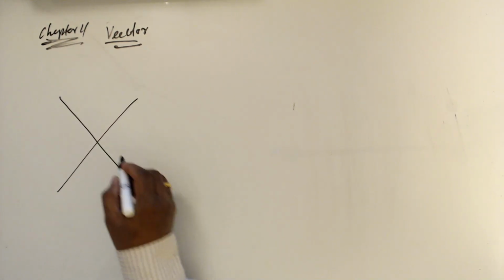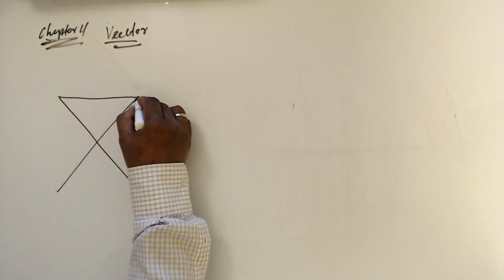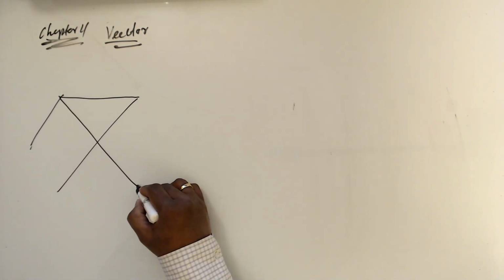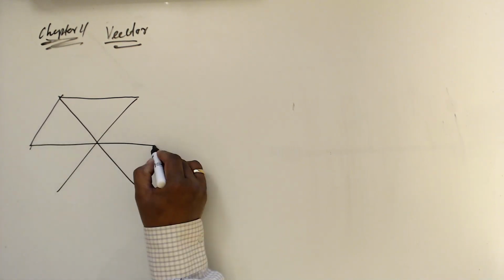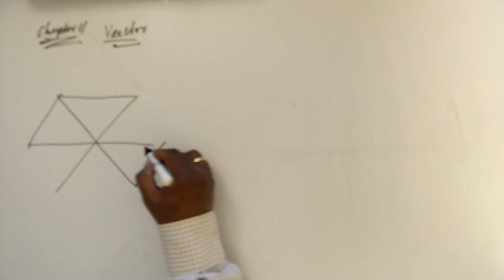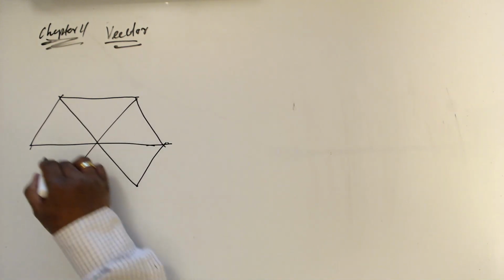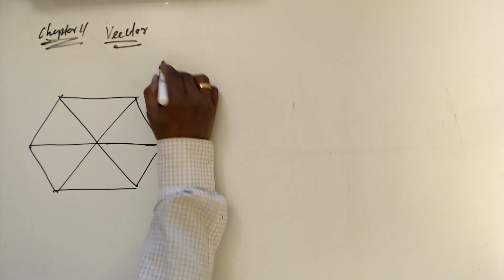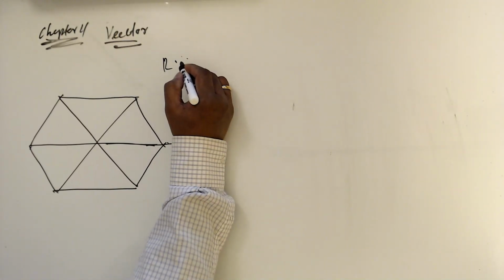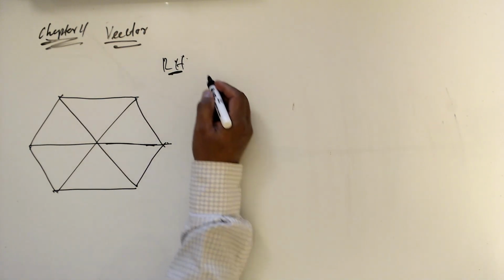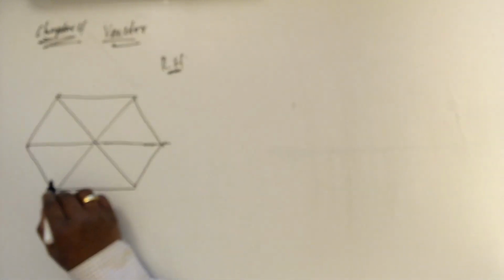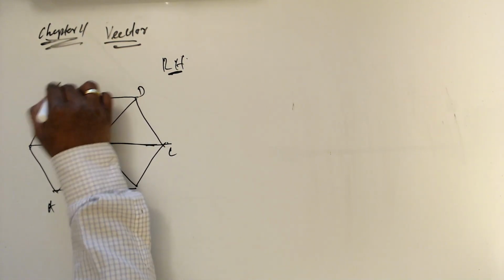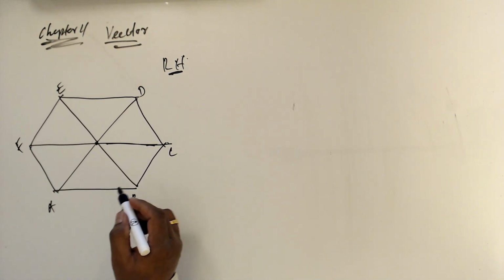Let's find parallelograms. Sorry, this is a hexagon. This is a regular hexagon, and I'll take A, B, C, D, E, F. What do you know about a regular hexagon?